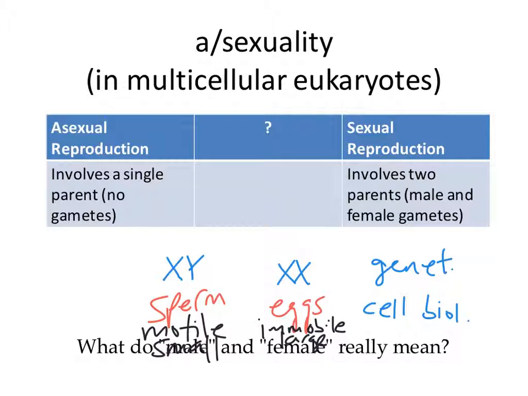So really, from a biologist's point of view, the easiest way to define the sexes that works for most species on the planet, because we don't know a lot about, for example, the sex chromosomes in all the species, is relatively simple: figure out who produces the large immobile gametes. Those are the ones we call eggs. Those are the individuals that we call female.